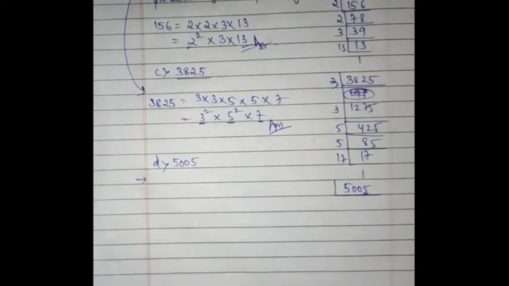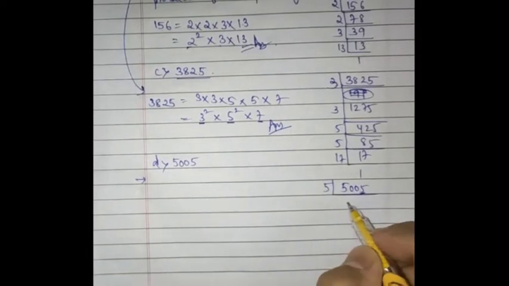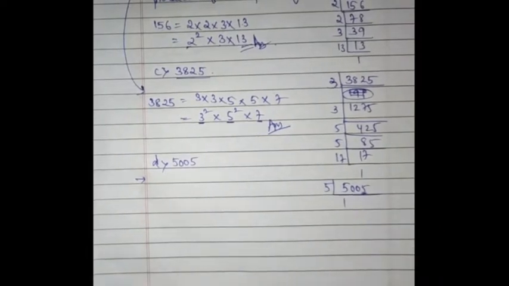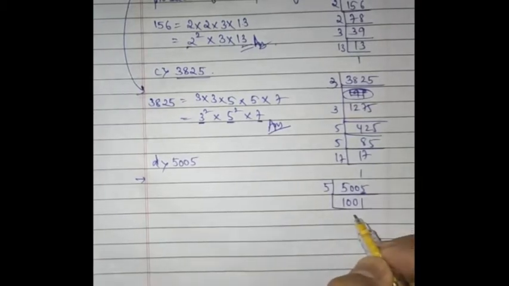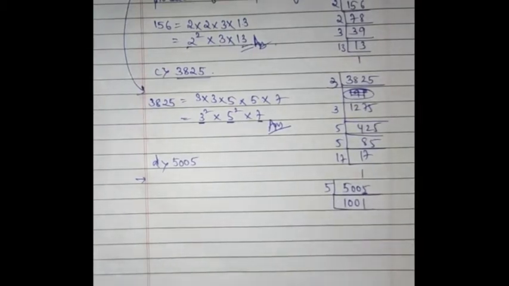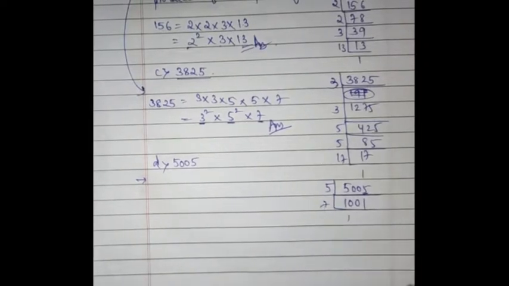So we are going to try another prime number, that is 5. 5 1s are 1001. Here the number 5 is not possible because at the end there is 1. So 3 is also not possible, so we are going to use 7. Let's try with 7: 7 1s are 7, 7 143s.